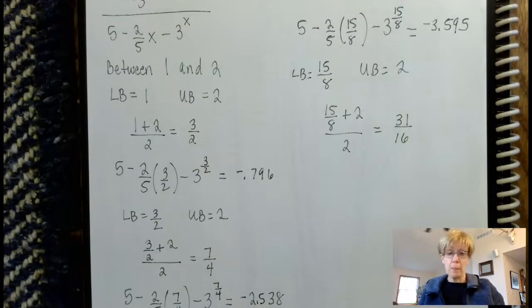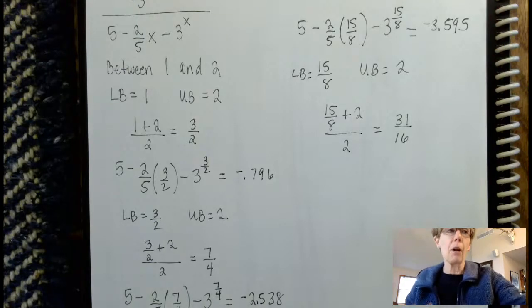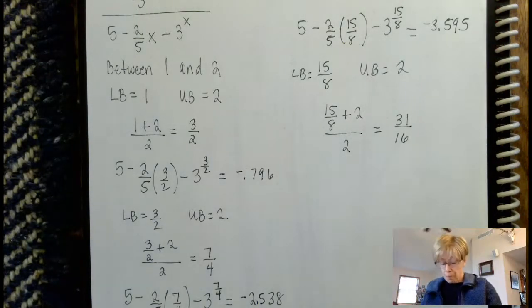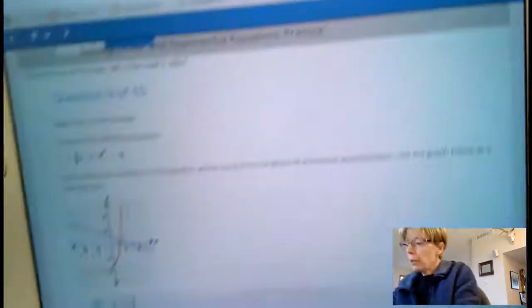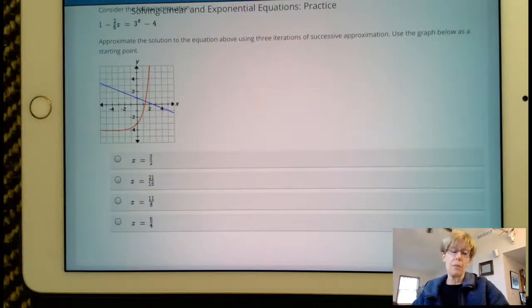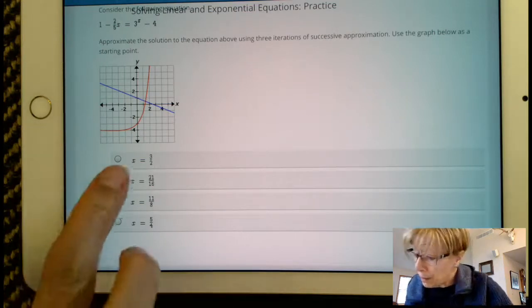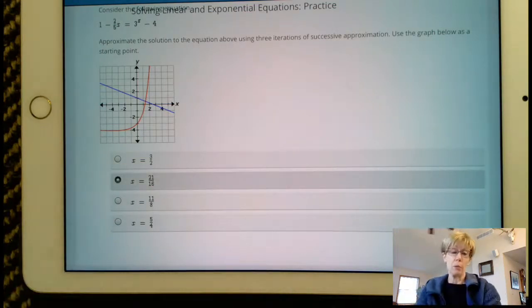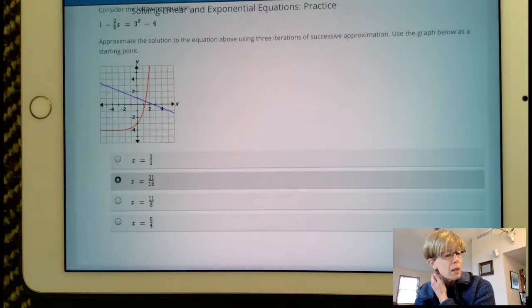When we go back to Edmentum, and sorry, my iPad turned off, so I have to turn it back on. But I'll pull it up here momentarily. So here's the problem, and there are the 4 answers. I ended up with the denominator 16, so I picked this answer, which is correct, but I do not know where I went wrong in the problem. I think that I did the process correctly.